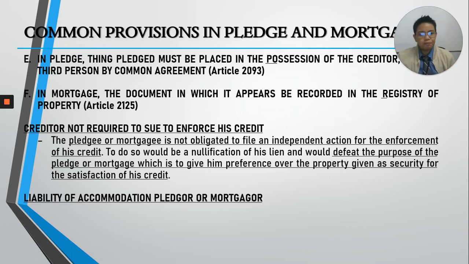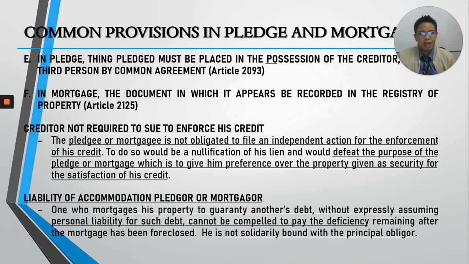What else? Yung accommodation pledgor or mortgagor, ano ba ang liability nila? So again, an accommodation pledgor or mortgagor is a person who mortgages his property to guarantee another person's debt. So they do not expressly assume personal liability for the debt. So sinangla ko lang yung property ko para i-secure yung debt ng debtor.